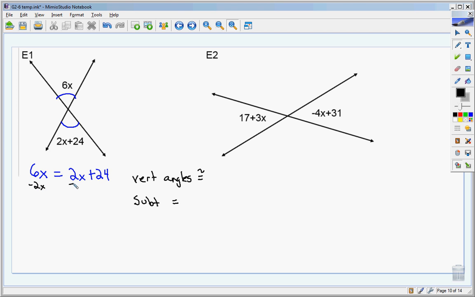Technically, I'm subtracting the 2x. It would bring me to 4x equals 24. And what would be the next thing that I'd want to do? So the division property of equality, I'm technically dividing both sides by 4, would bring me to x equals 6.